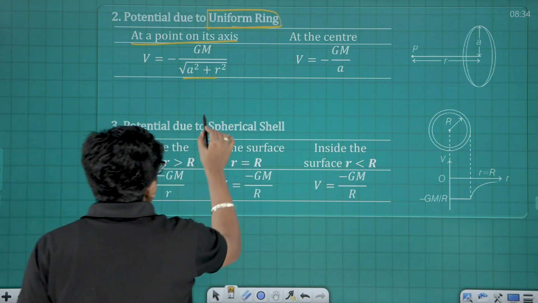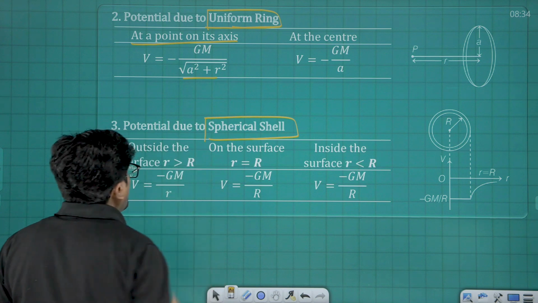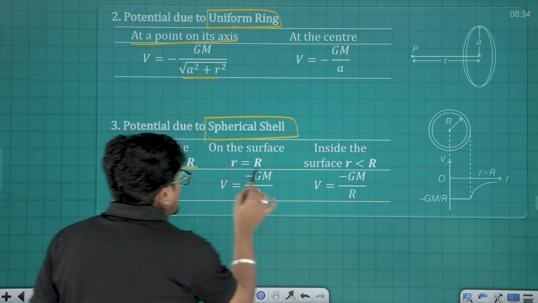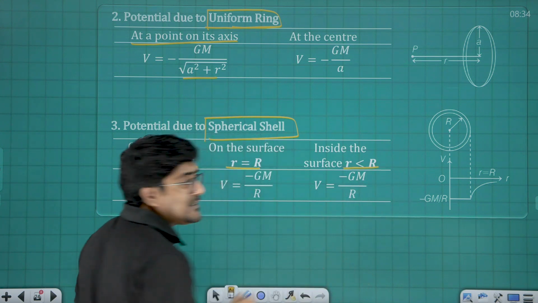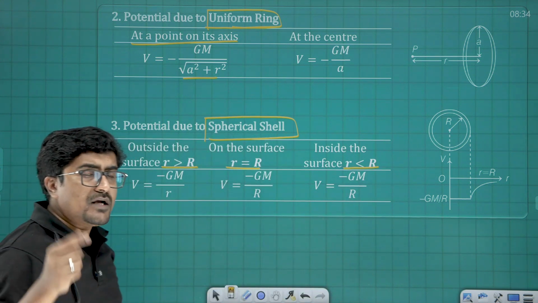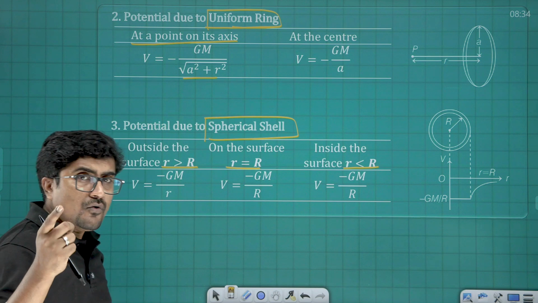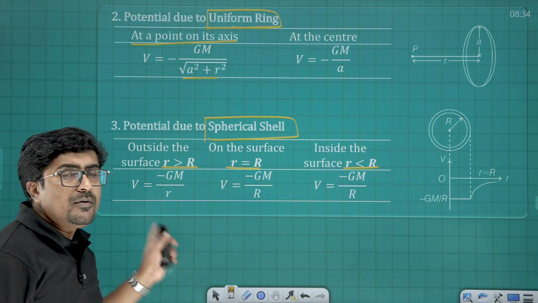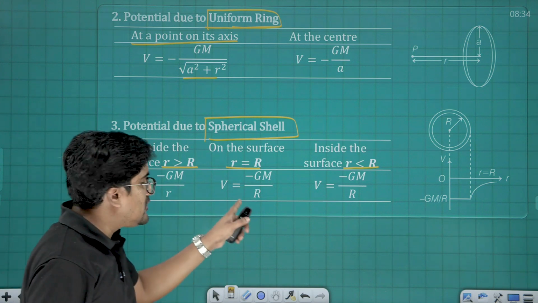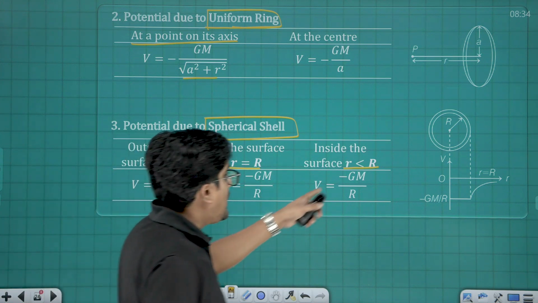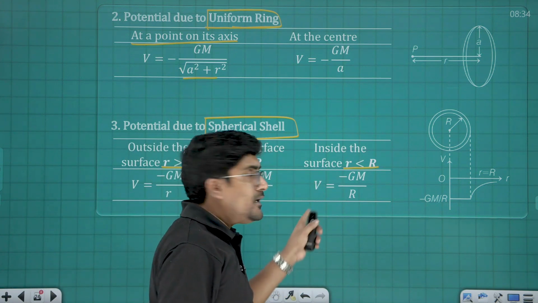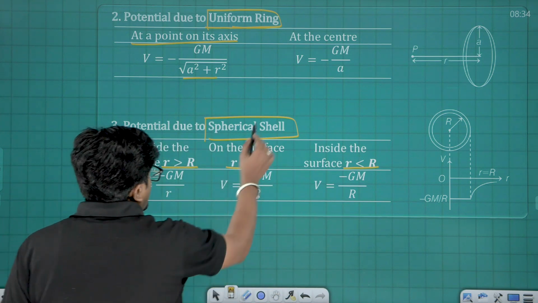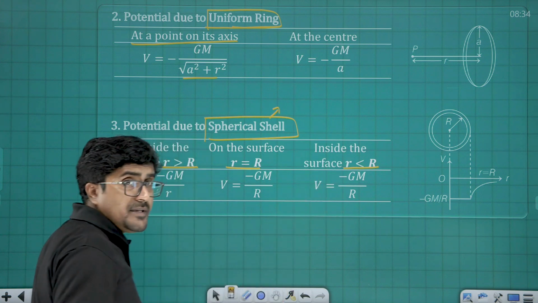And if we go for a spherical shell, here r greater than or equal to capital R, and inside the surface, 3 cases, same as what we discussed there in case of gravitational field intensity. Here outside the sphere, it's going to be minus of GM by small letter r. On the surface, small letter r is going to be capital R, and here again inside it's going to be minus of GM by R only. Okay, it's spherical shell, don't forget it is a case of spherical shell.